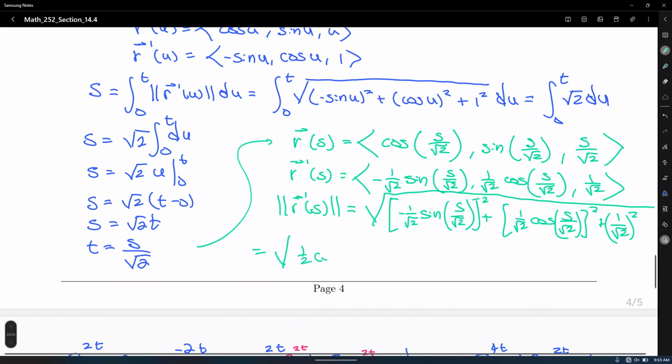That's 1/2 sine squared of s over root of 2 plus another 1/2 cosine squared s over root of 2 plus 1/2. Now, here is the thing. What is this sine squared plus cosine squared going to give us?